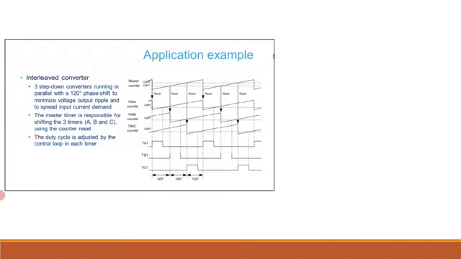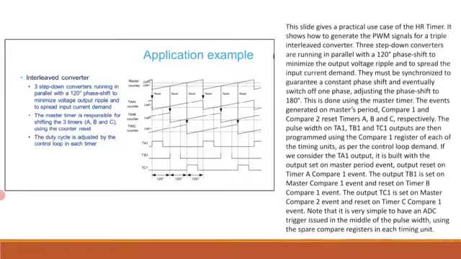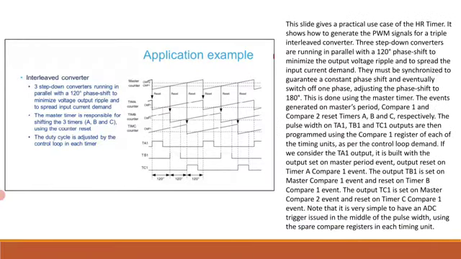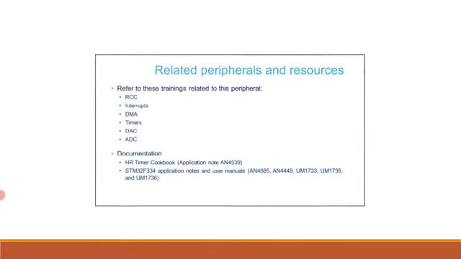So more related peripherals and resources are RCC, interrupts, DMA, timers, DAC, ADC, documentation, and the application notes AN4539, AN4885, AN4449, UM1733, UM1735 and UM1736 can help you to understand better in your working stages.